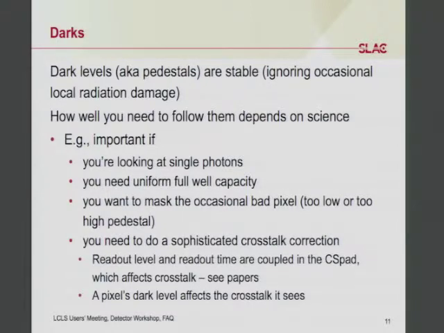When there's a crosstalk problem, it's because lots and lots of pixels are firing at the same time. So the distribution of where the pixels start off, which is their dark level, affects how sensitive they are to crosstalk.